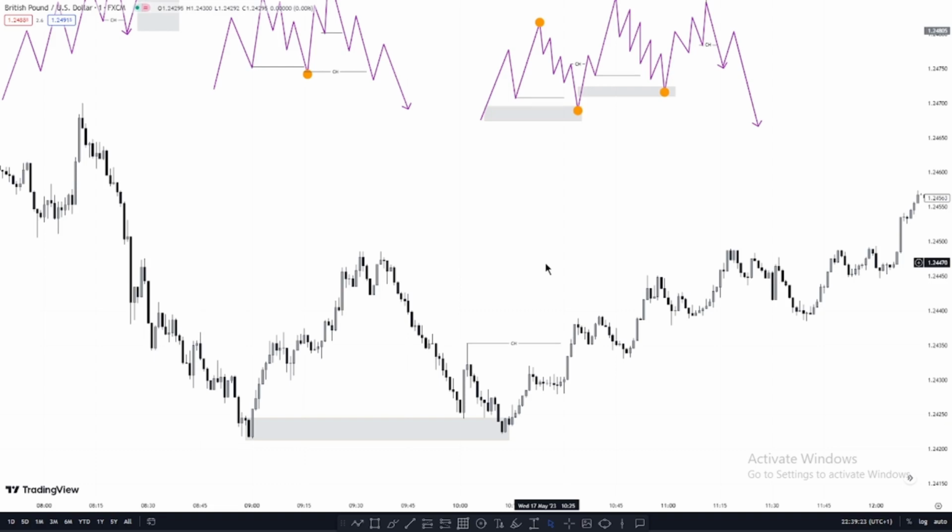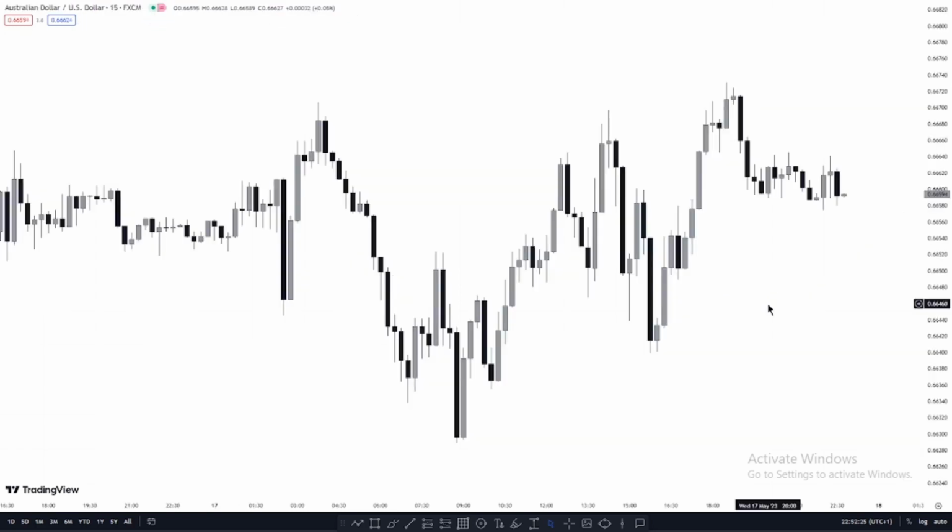Now I'm going to show you the second example of what we mean by the right CHoCH in the market, the true SMC CHoCH. Now take a look at this again. For the retail mindset, price created this high.